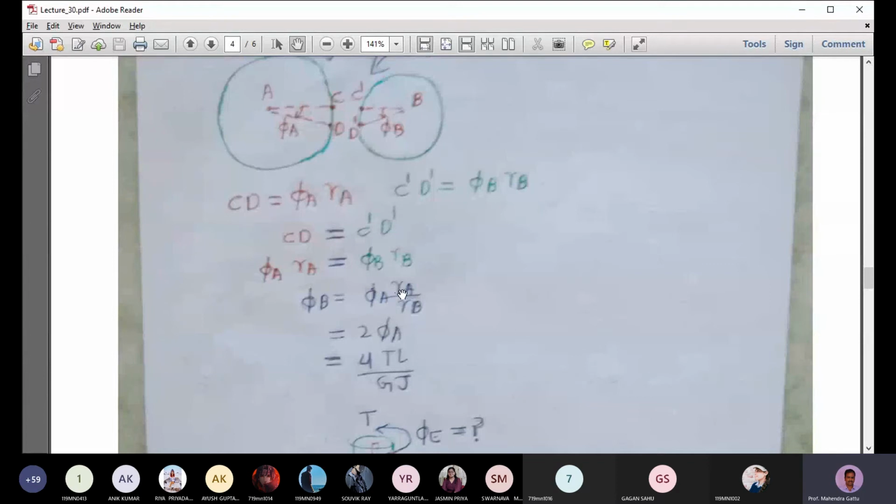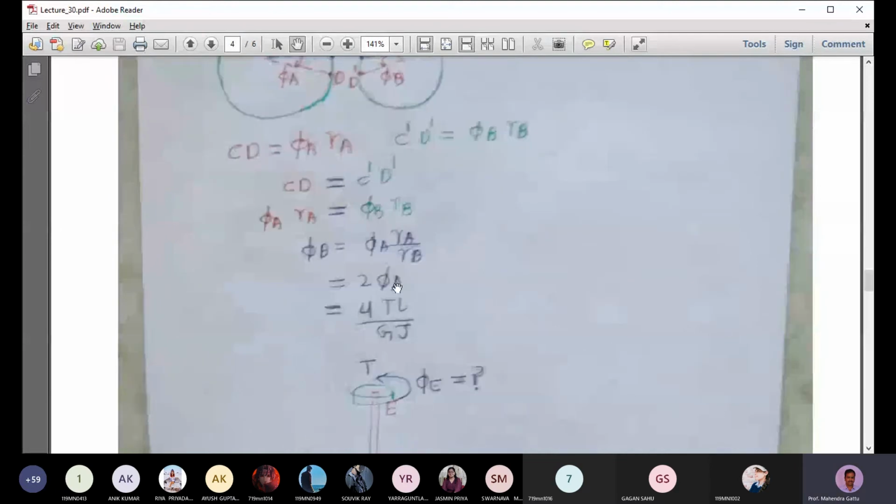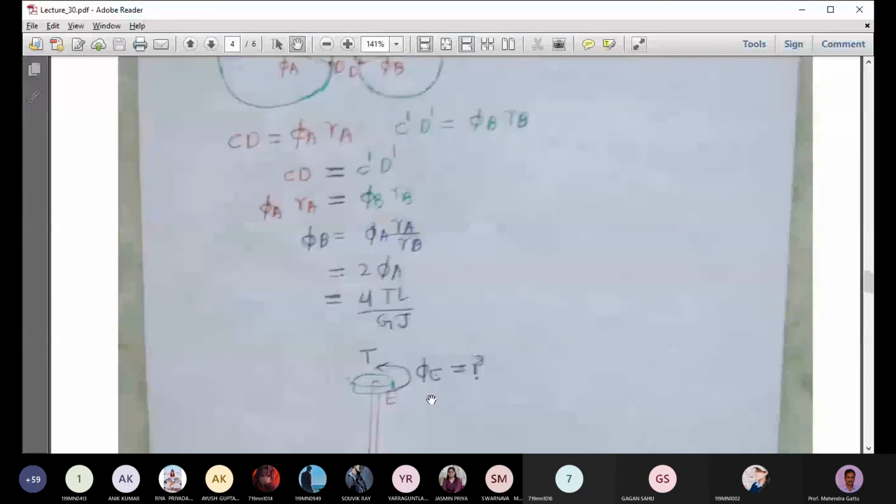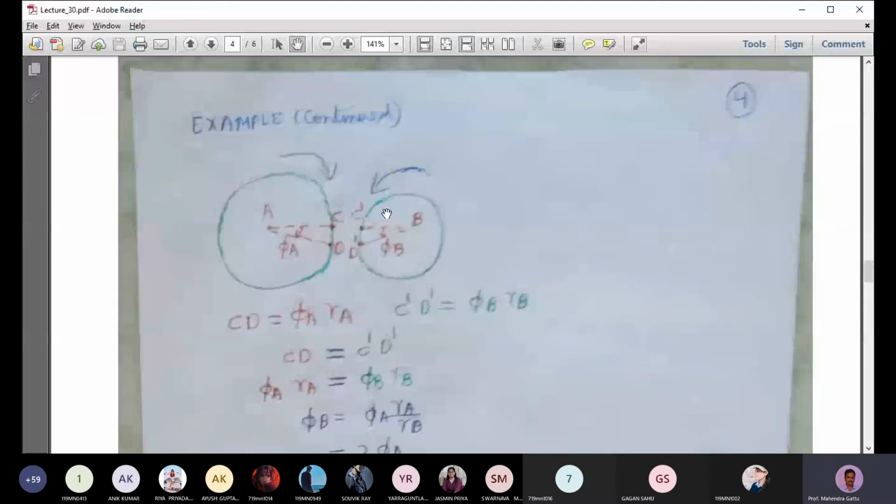So the twist produced in gear B is 2 times the twist in gear A. The twist produced in gear A is 2TL by GJ, so it will be 4TL by GJ. So we have found the twist produced in this gear B.